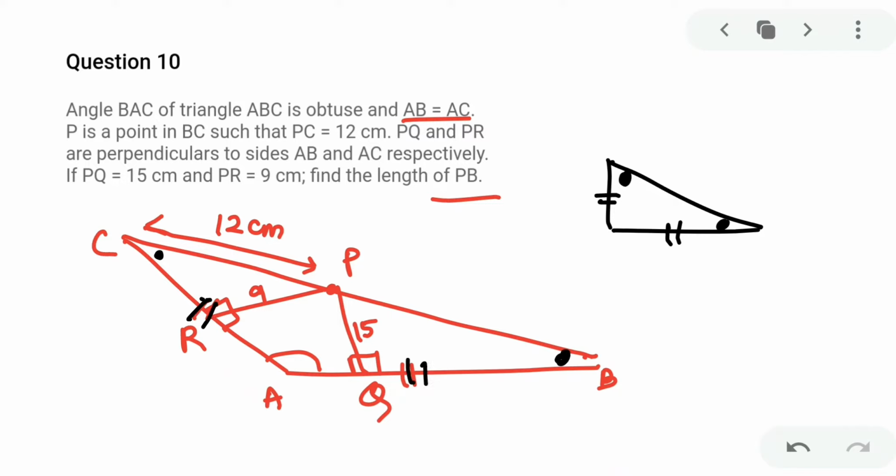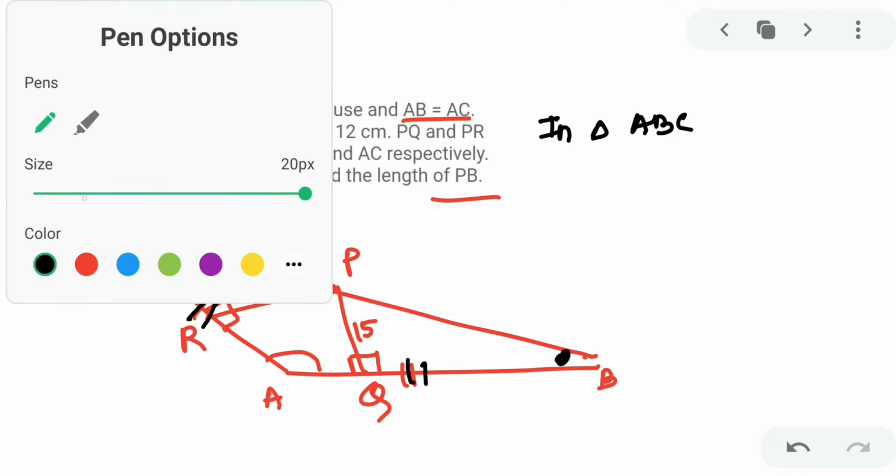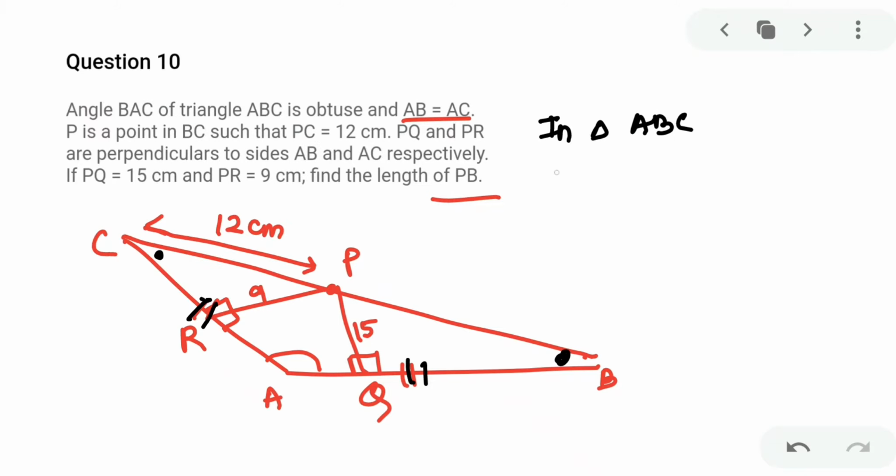Got the point? So first you have to write, in triangle ABC, AB is equal to AC. Therefore, angle ABC is equal to angle ACB. Opposite angles of equal sides are also equal.